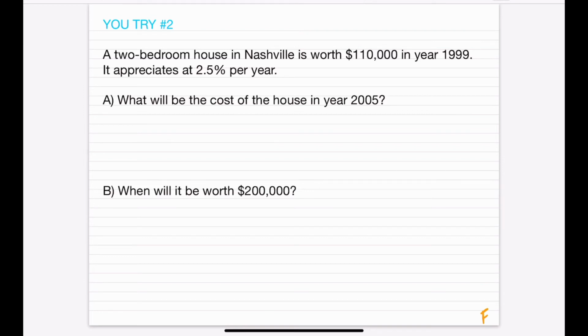A 2-bedroom house in Nashville is worth $110,000 in the year 1999. It appreciates at 2.5% per year. So the keyword here is appreciates. Appreciate means the value goes up. So we have an exponential growth problem. Part A, what will be the cost of the house in the year 2005?